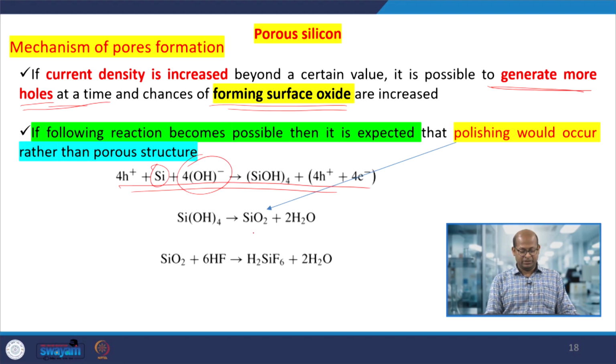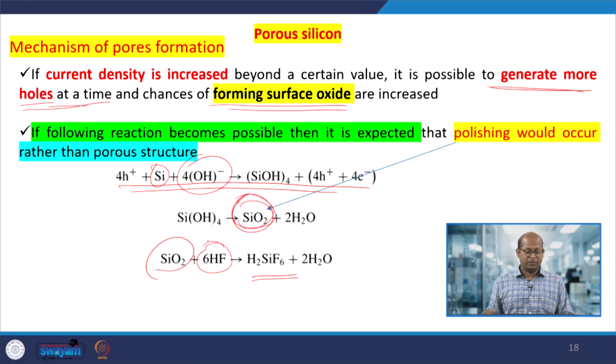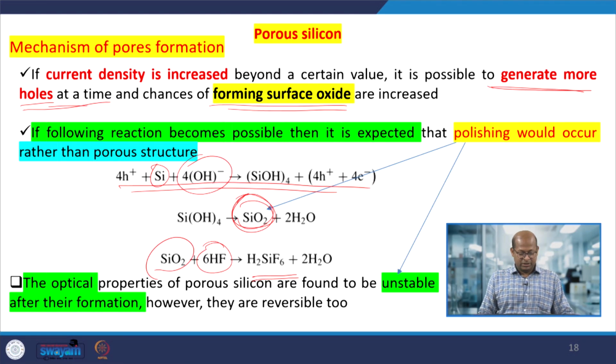This reaction is also reversible: SiO2 reacts with HF and H2SiF6 may form, but it is not desirable when we are preparing porous silicon.